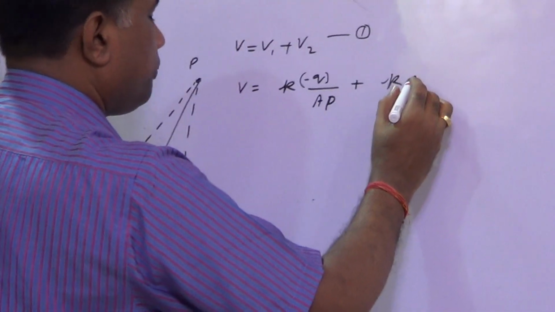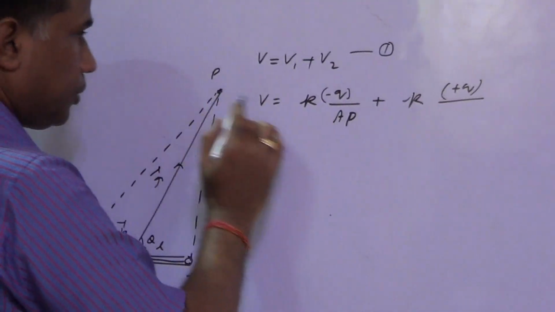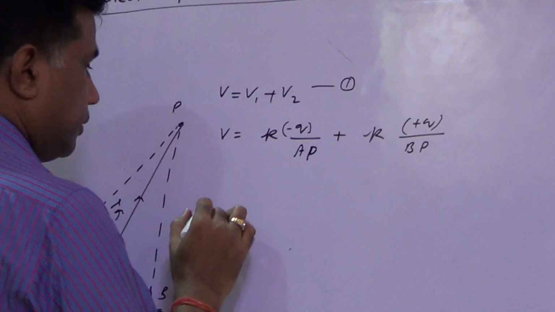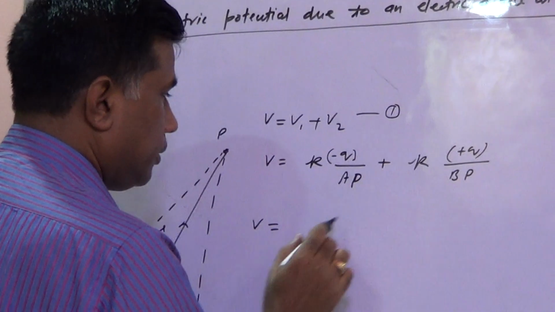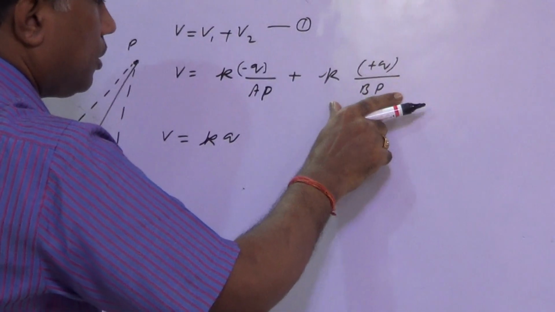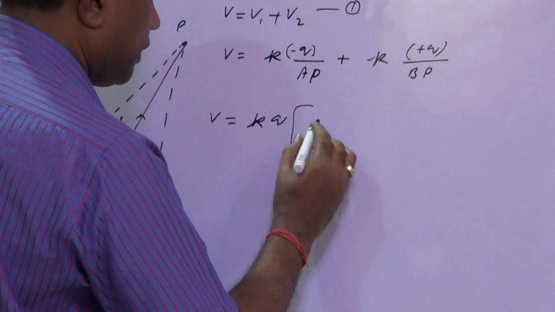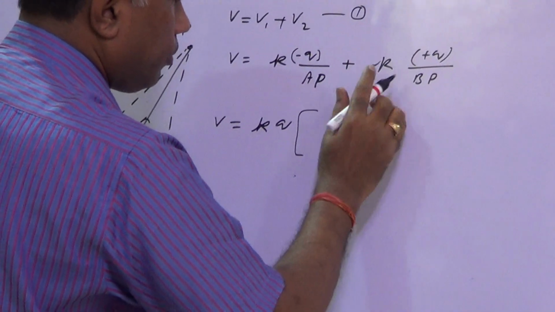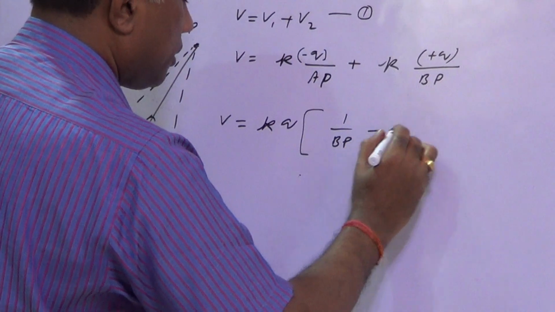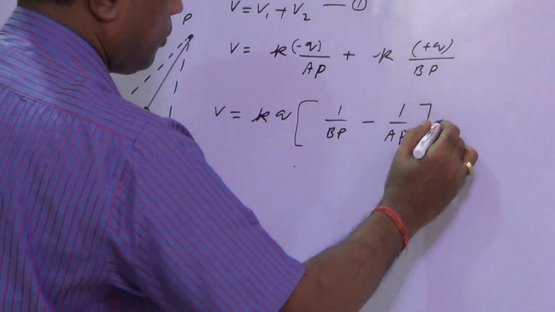So k, plus q is the charge, and distance is BP. Now we will take k and q common. The positive expression I will write first and the negative expression later. So q times 1 by BP, which is positive, minus 1 by AP, which is negative. Suppose this is equation number 2.